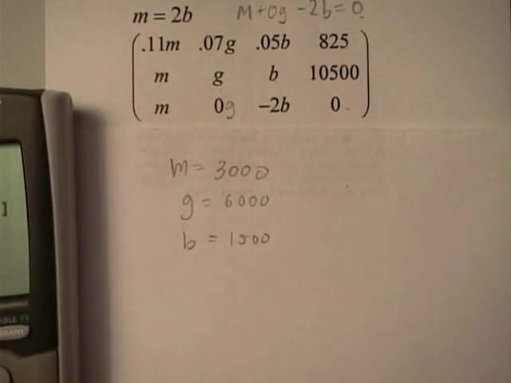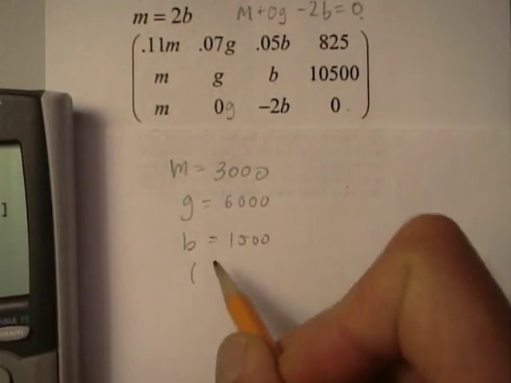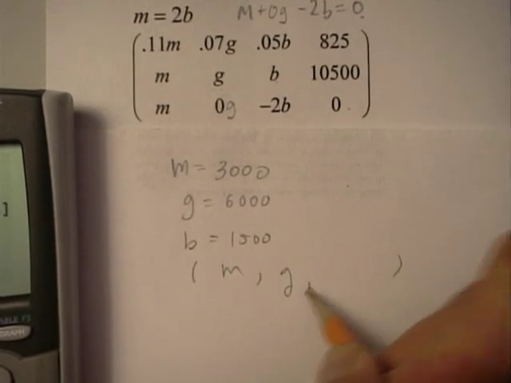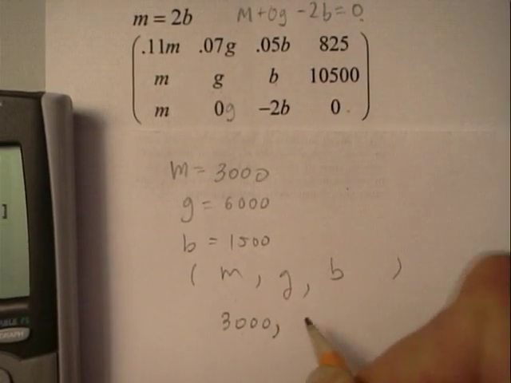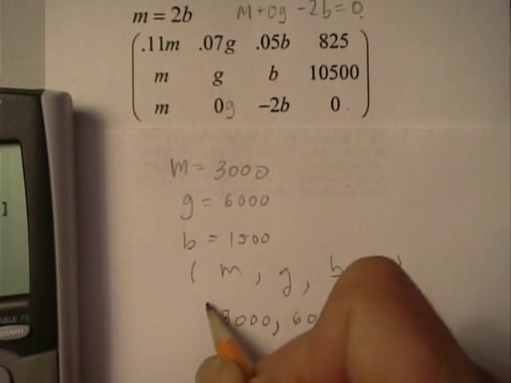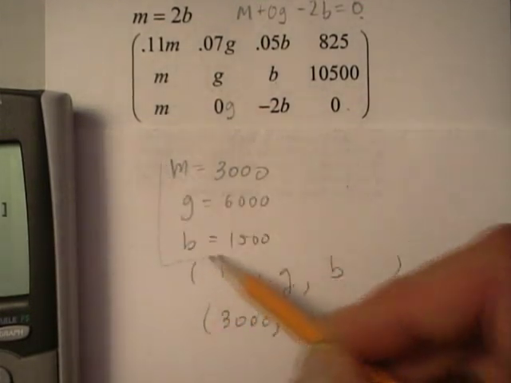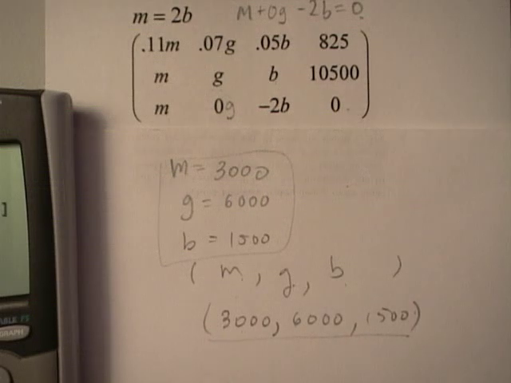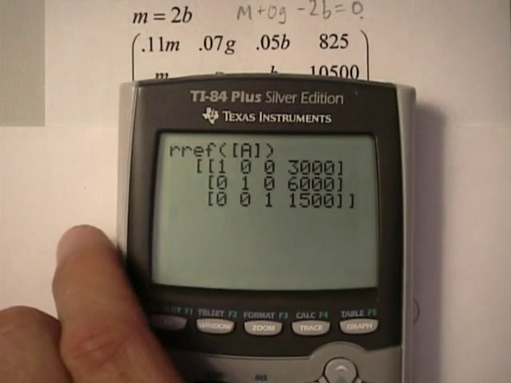Of course, if somebody was looking at my problem, they'd already know that my order was M, G, B. So I could just write an ordered triple, and I would be telling somebody the same thing, as long as they understood that my order was M, G, B. This is clearest right up here, but this is also a shorthand as long as the order is clear to whoever's reading it. So it's as simple as that. Reduced row echelon form.